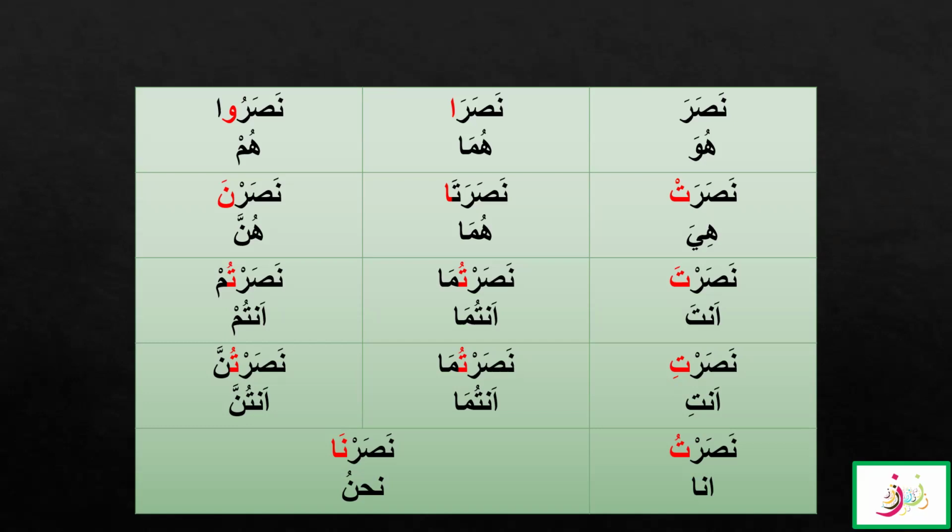Otherwise, just by writing and looking at the charts, you will not be able to memorize the I'rab, the Fathas, Dammas and Kasras, the changes in the sighas, until you verbally repeat them again and again. I hope you will keep on revising your charts for Fa'il Madi Ma'lum and Madi Majhul as well.